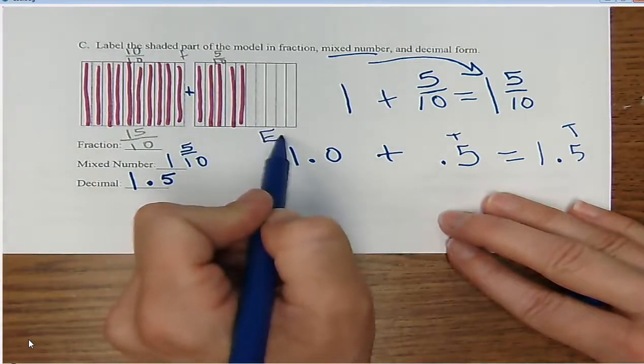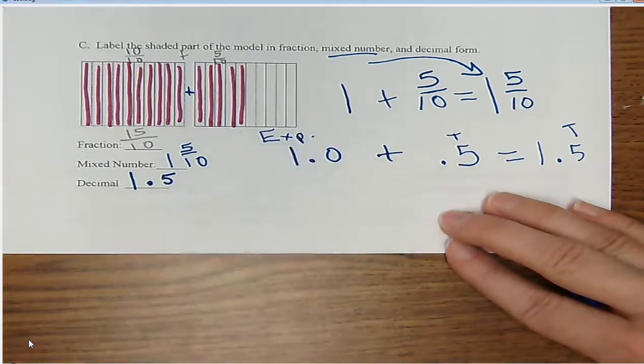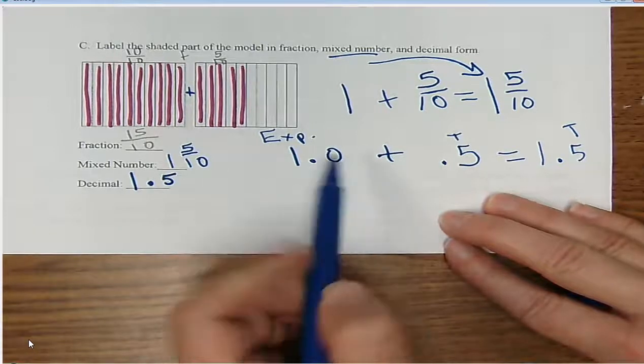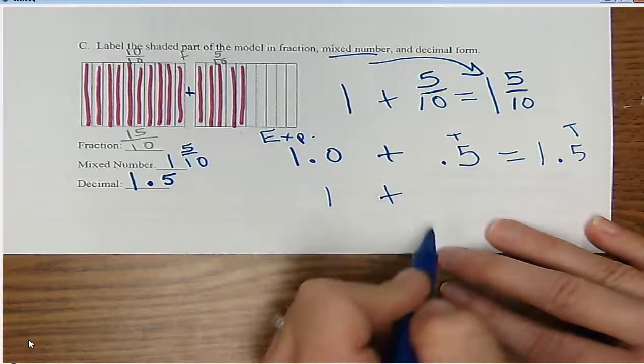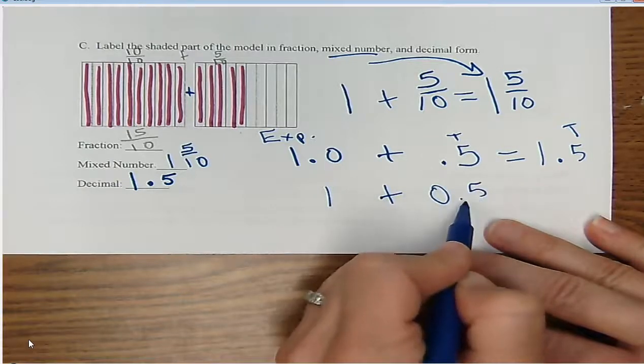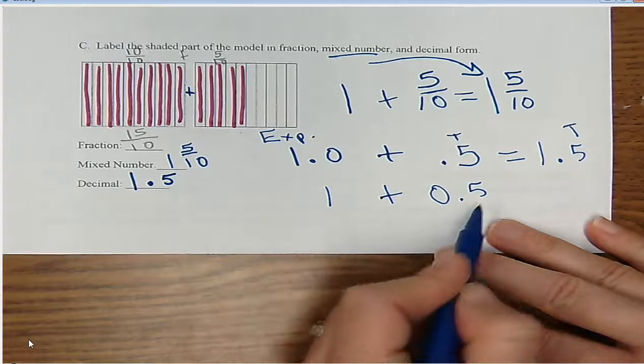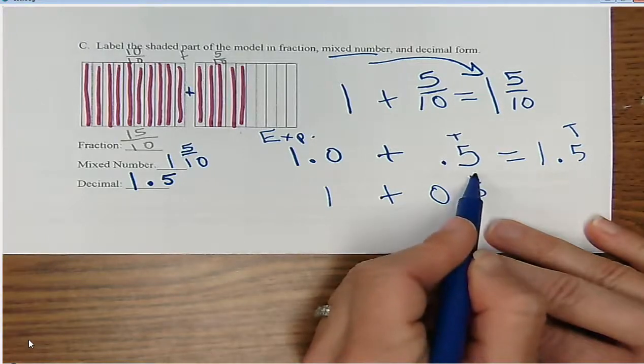This is decimal expanded form, showing the value 1.0 or even just 1 plus 0.5. 1 plus 5, the 5 is in the tenths.